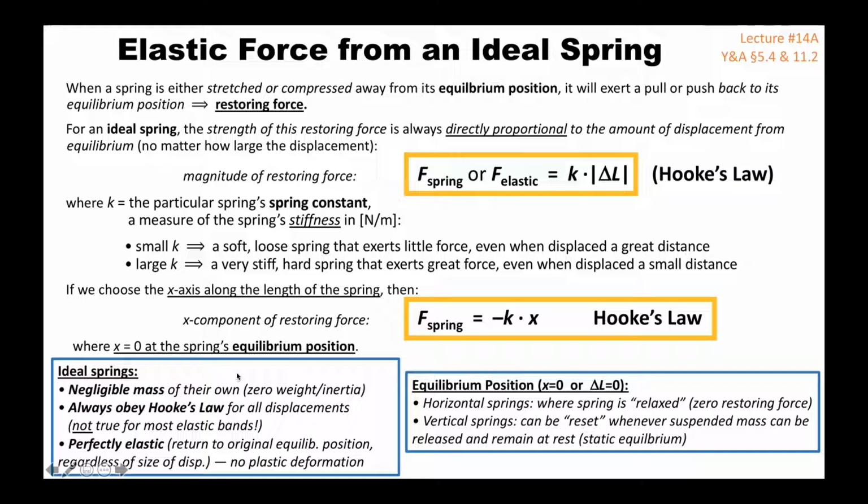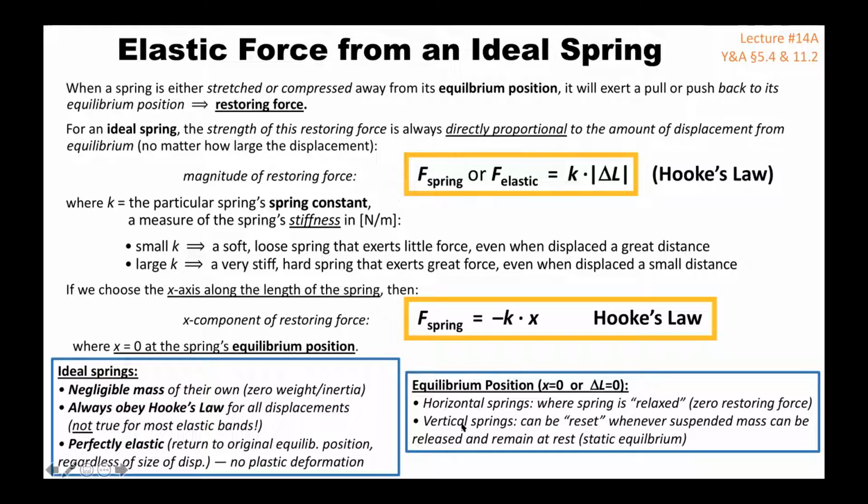Now, a few quick notes about this, since we're talking about the equilibrium position. When you have a horizontal spring, it's basically when the spring is relaxed and the coils aren't exerting any force. For a vertical spring, it could be that some amount of mass is suspended from the vertical spring, and when you let go gently, the mass stays put.